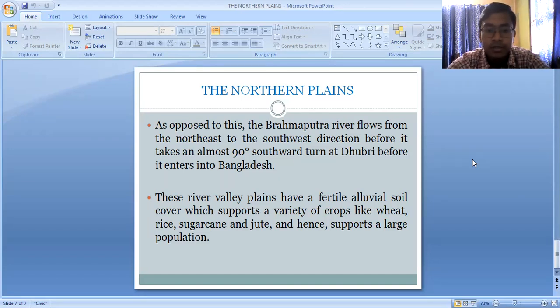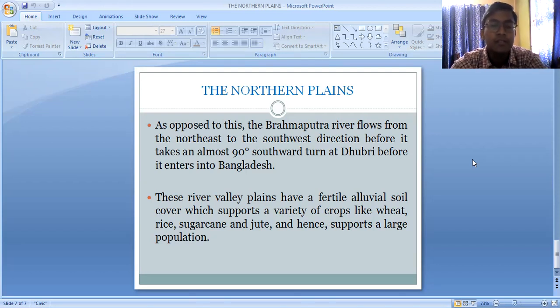This river valley plain has a fertile alluvial soil cover which supports a variety of crops like wheat, rice, sugarcane, and jute, and hence supports a large population. Basically, these river valleys, the Ganga River Valley, the Brahmaputra River Valley, the Indus River Valley, have fertile alluvial soil.